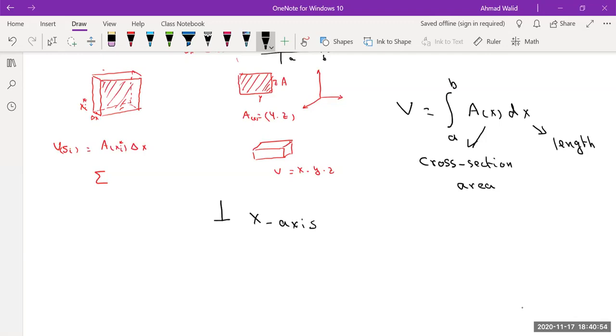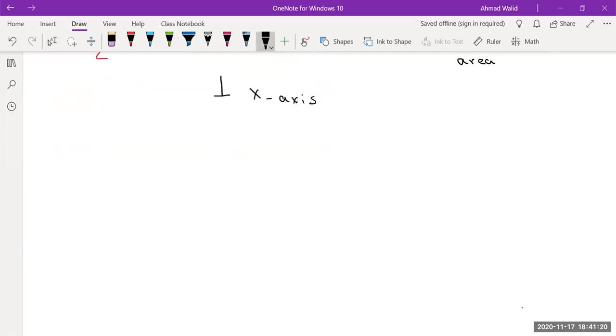But right now, my cross section is perpendicular to the x-axis. You see, this is my cross section in this black area. If I draw x and y axes here, you see this one is perpendicular to the x-axis, correct? Now, what formula do I have? V equals the integral from a to b of A(x) dx, correct? What about this?